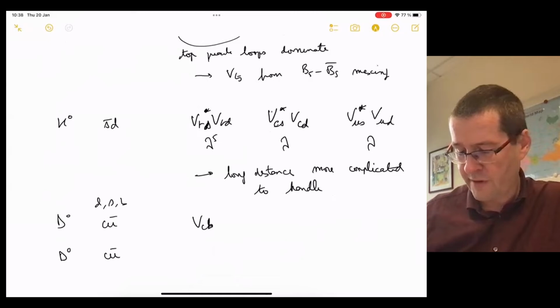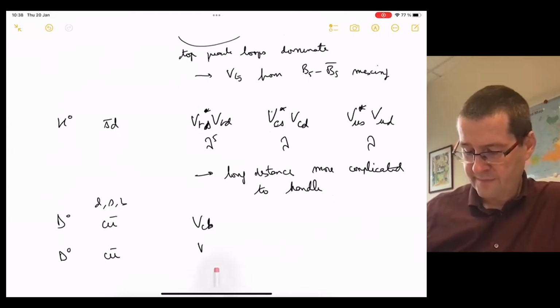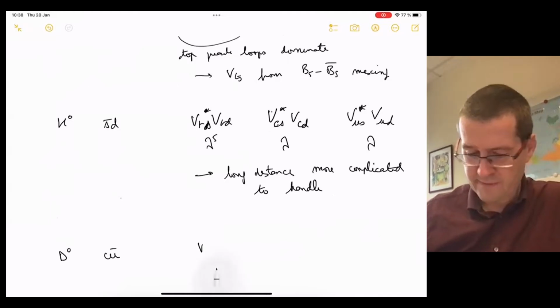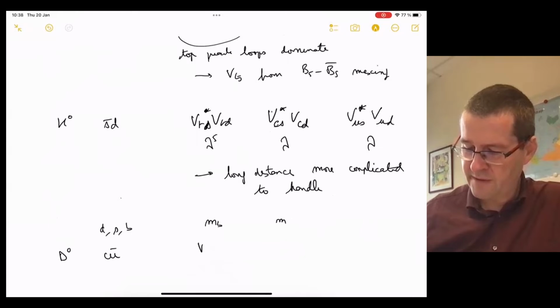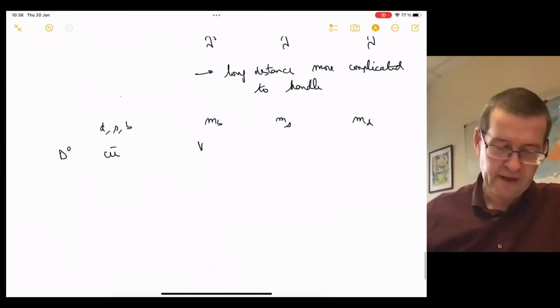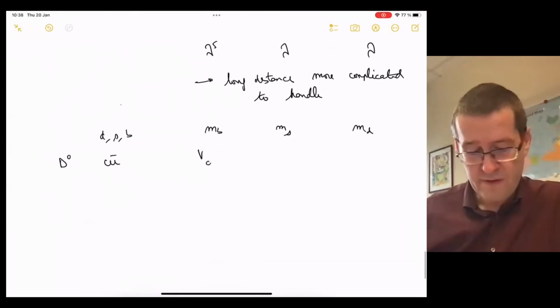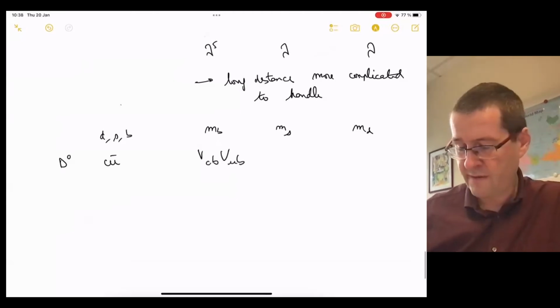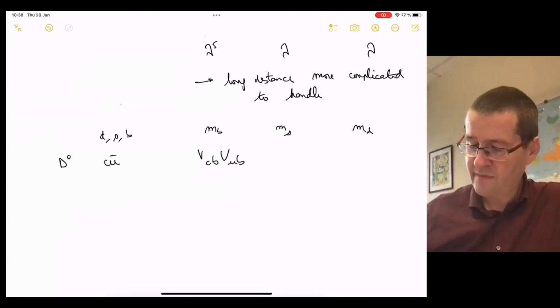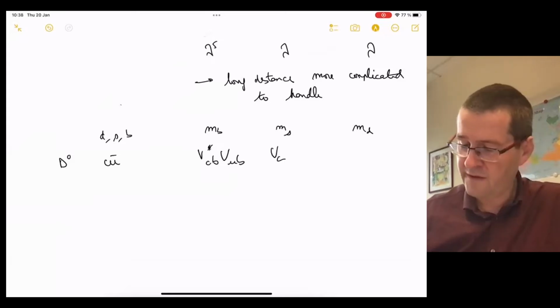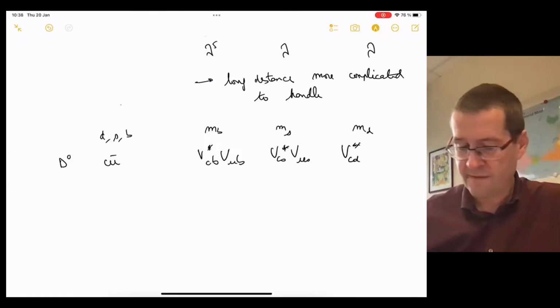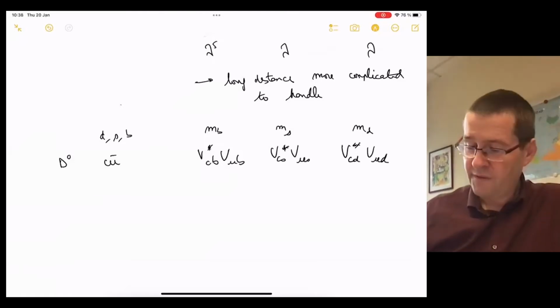D0, C U bar, and then I've got D, S, B inside. So I've got the mass of the B, the mass of the S, and the mass of the D. And now we are doing a summation in a different way: V_cb star V_ub, for instance, V_cs star V_us, and V_cd star V_ud. And so here you get something which is similar.